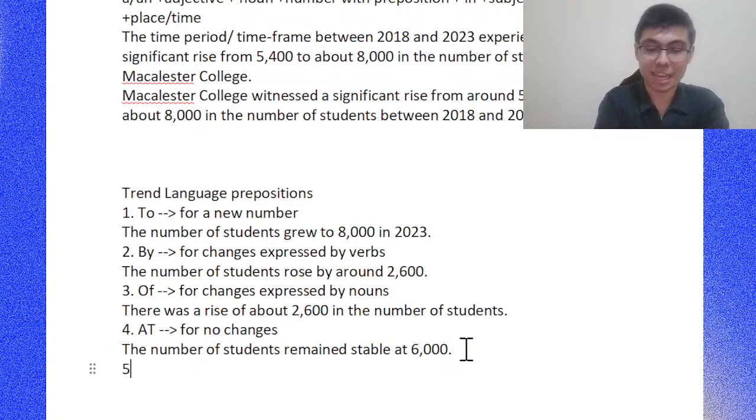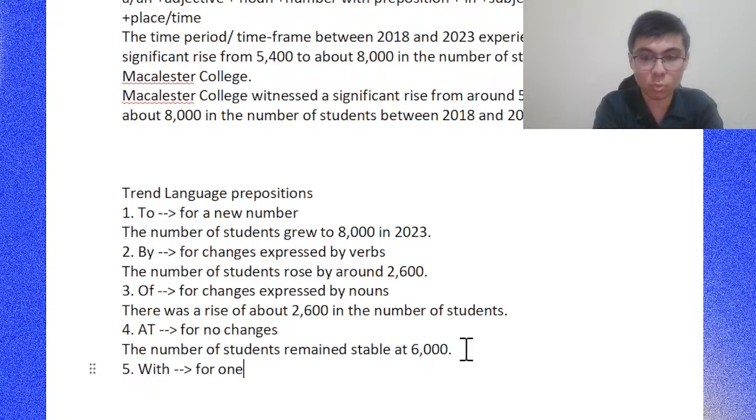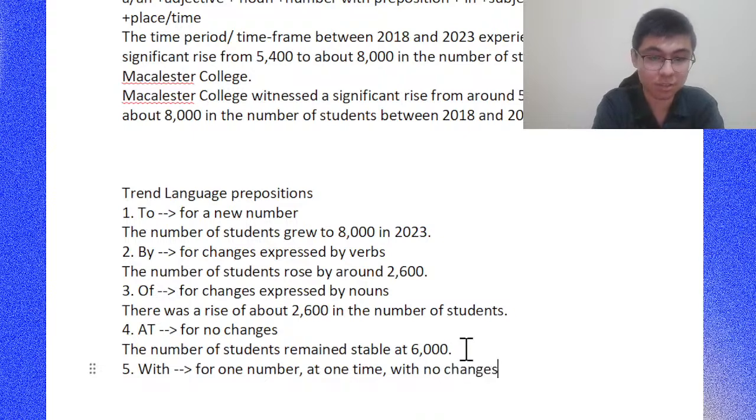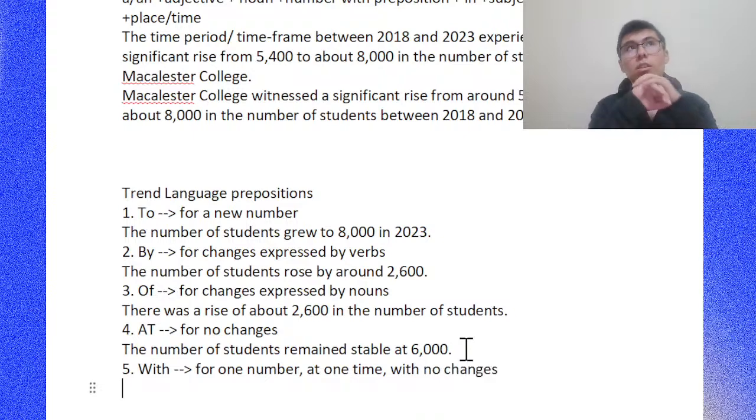So now the last one is with, and it is used for one number at one time with no changes. And it's usually used for telling the highest or lowest number.